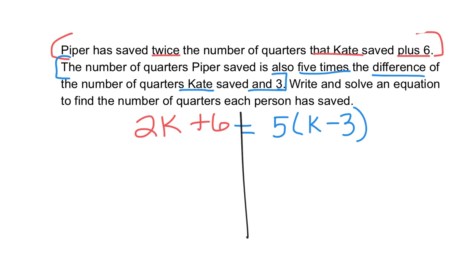Now when I solve this, I'm going to get the value of K. And remember, K represented the number of quarters Kate had because she was mentioned in both of these descriptions. So we're going to solve it and get Kate, and then we'll be able to use that to get Piper. So let's work on this. We got to distribute: 5K minus 15.